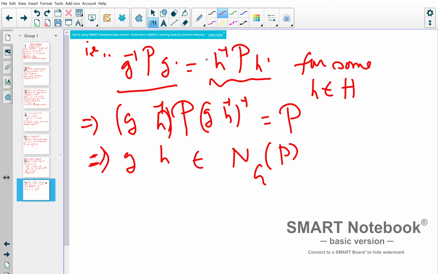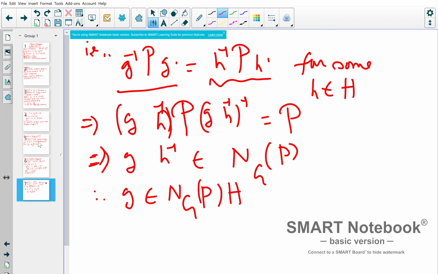You multiply by both sides, and hence g h inverse will be an element of the normalizer of P in G, and hence g belongs to the normalizer of P times H.